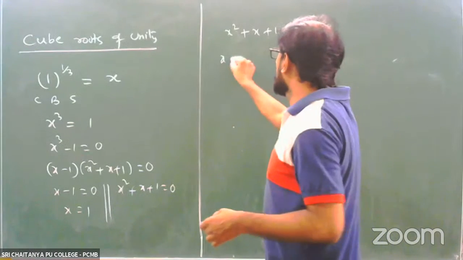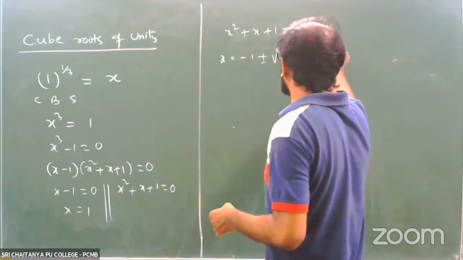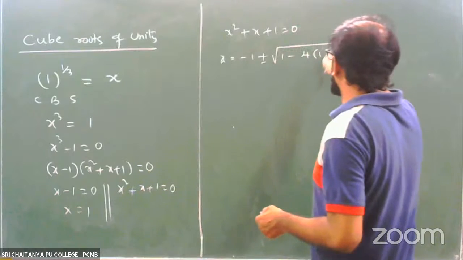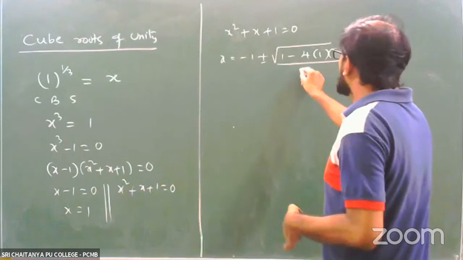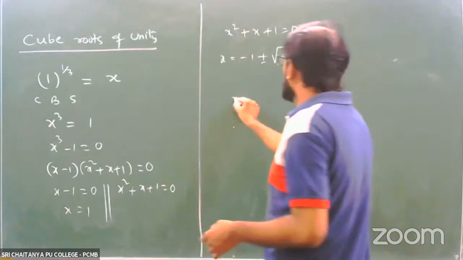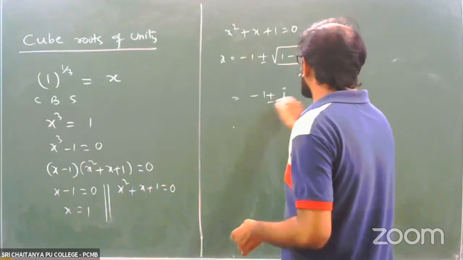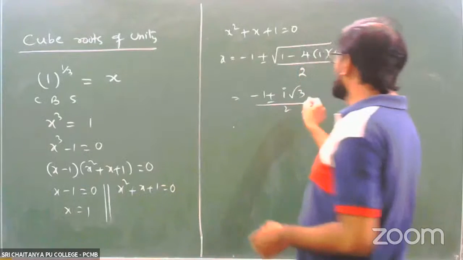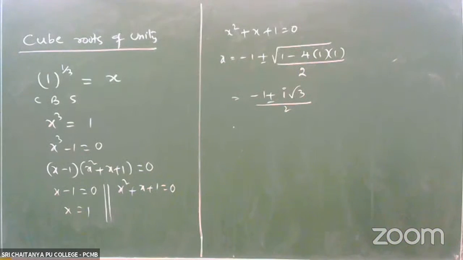So x is equal to minus b plus or minus root of b square minus 4ac upon 2a. Right? So you are going to get minus 1 plus or minus i root 3 by 2. Am I right?